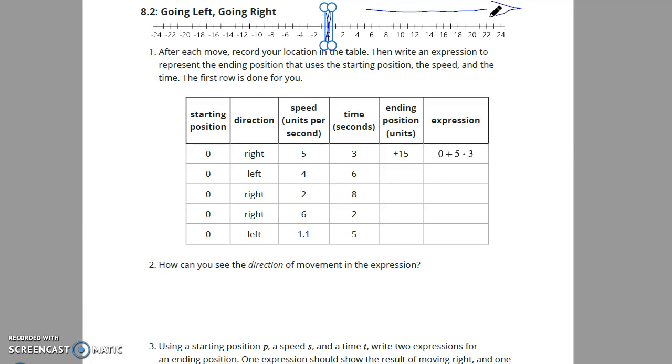Now, if we move on to the next one, you start at 0, but we're moving left. Our speed is 4, and our time is 6.